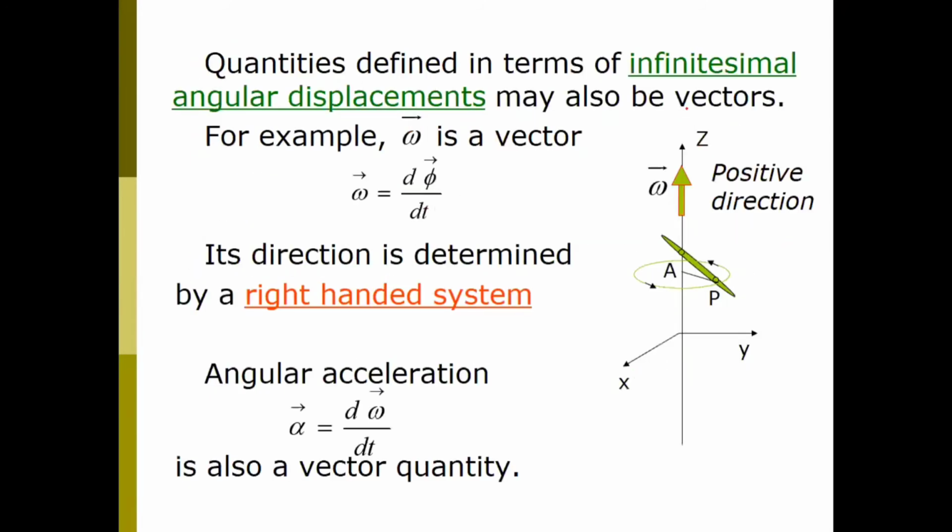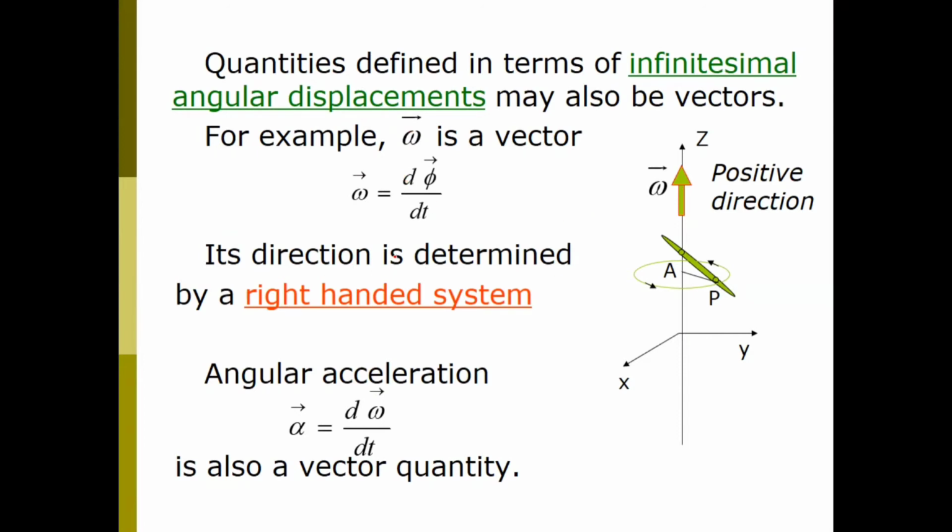Quantities defined in terms of infinitesimal angular displacement may also be vectors. For example, omega is a vector. So you have here vector omega is equal to the derivative of the vector theta over the derivative of time. So this is not displacement but derivative.